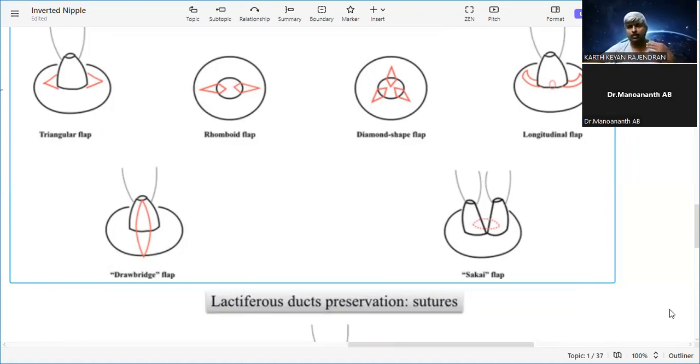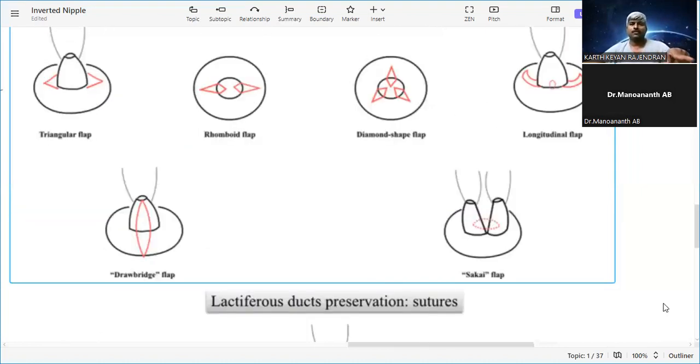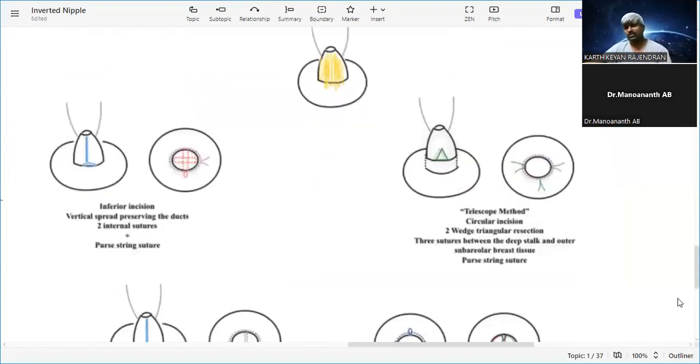Coming to the suture techniques, this is instead of cutting dermal flaps. The lactiferous duct suture technique is somewhat complicated. We make an inferior incision, and a vertical incision is also made. Two internal sutures are made from medial to lateral and superior to inferior, and we pull and suture it. Because only a suture is running through, the lactiferous duct is not damaged.